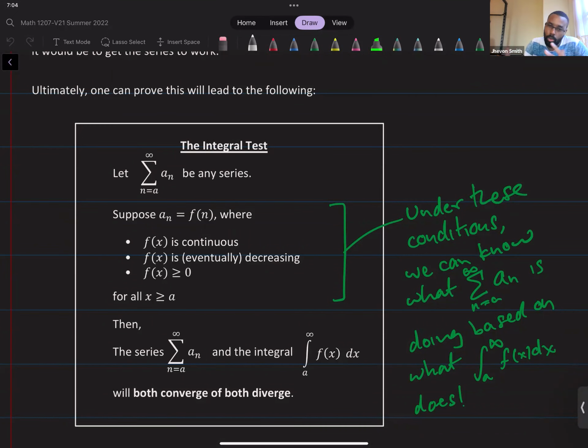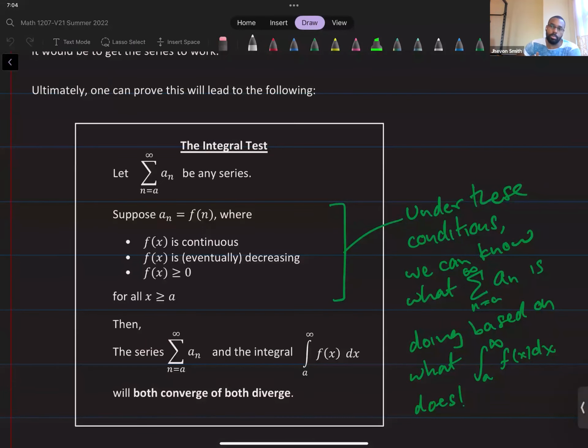Now, this works in general once these conditions are fulfilled, but for us, we can only apply this if we actually know how to deal with the integral. So there's an unspoken condition here: you should be able to integrate the f. If you can't integrate it, then this test is pointless.